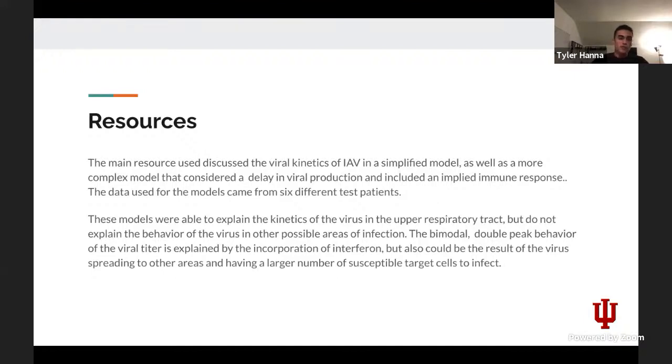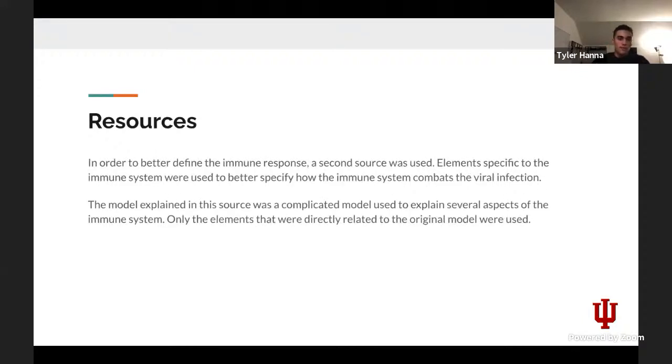But it also could be the result of the virus spreading to a different respiratory tract, where there is a more abundant source of target cells, which could lead to a spike in viral load.